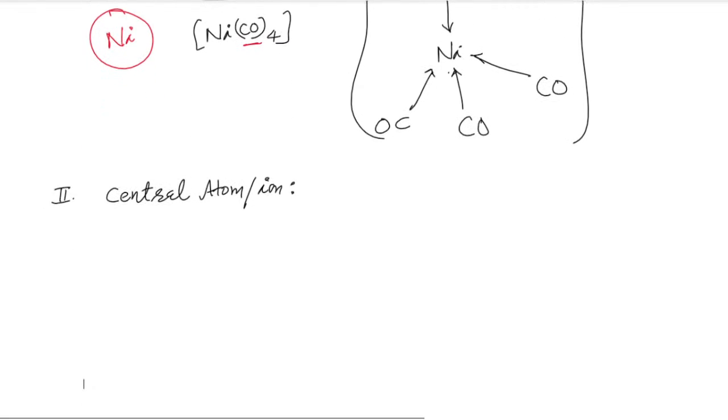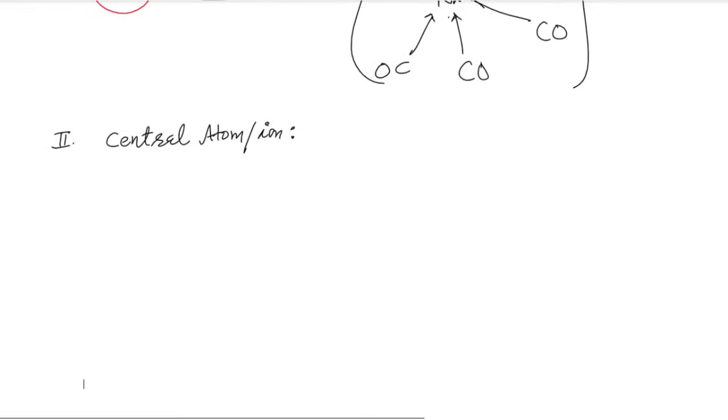And this central metal atom or ion is regarded as a Lewis acid because it accepts the electron pair. They accept electrons from donor species. The donor species are called ligands and they are Lewis bases.